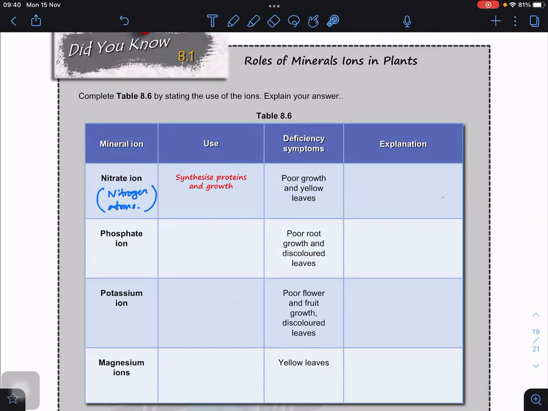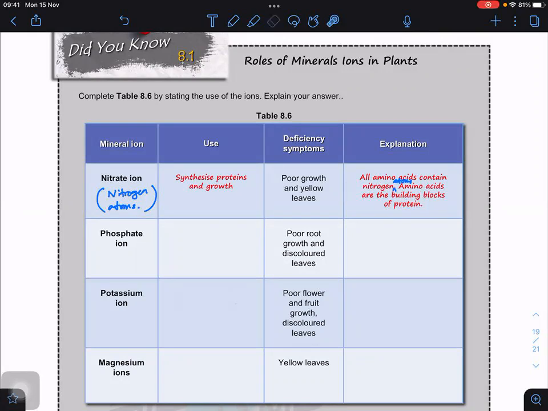That's why we need to use what we call fertilizer. Fertilizer contains these nitrates. The deficiency symptoms will be poor growth and yellow leaves. In explanation, all amino acids actually contain nitrogen atoms. Amino acids are the building blocks of polypeptides and proteins.